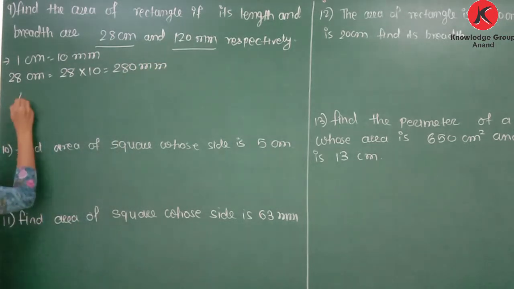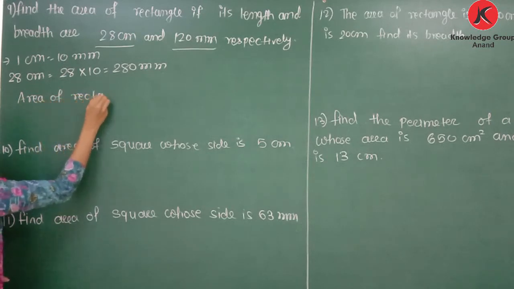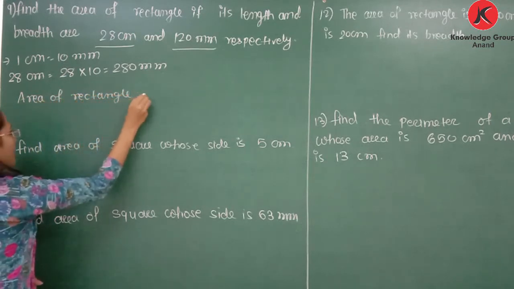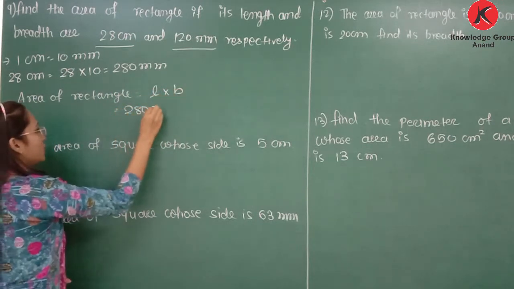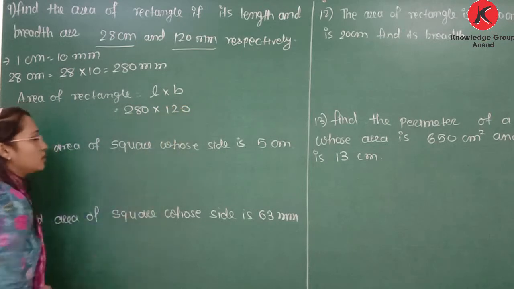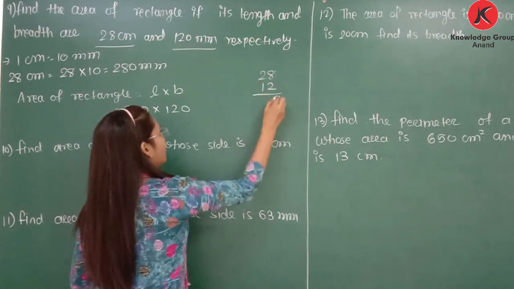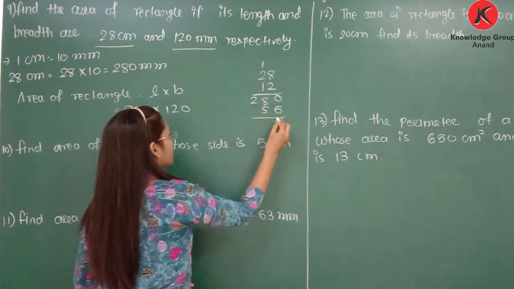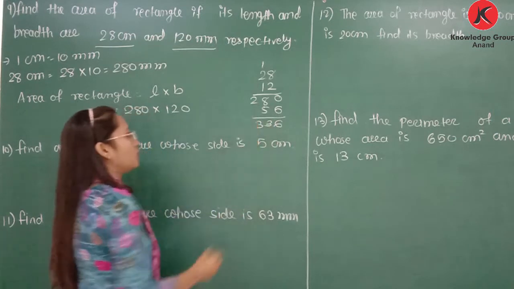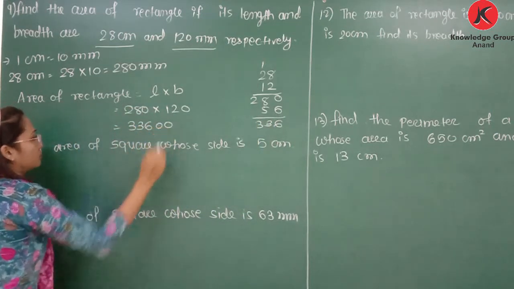Find the area. So area of a rectangle, that is L multiplied B. So 280 multiplied 120. So 28 multiplied 12. 336 and 20 at the last.